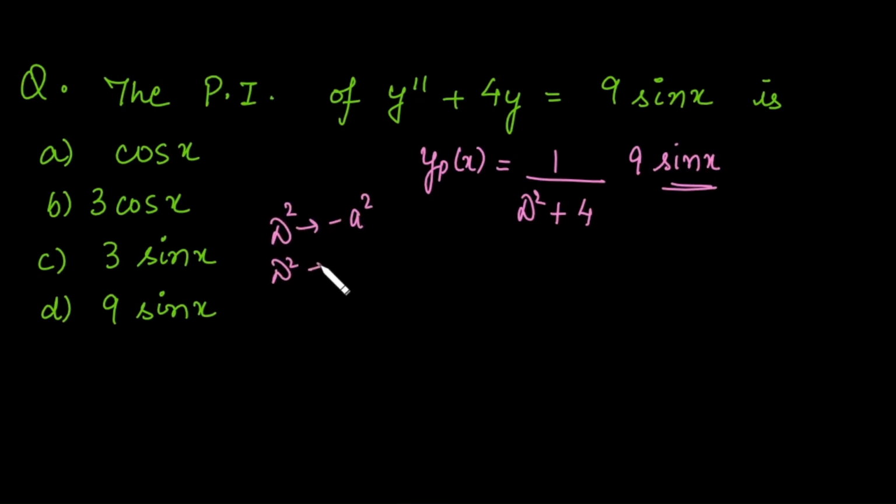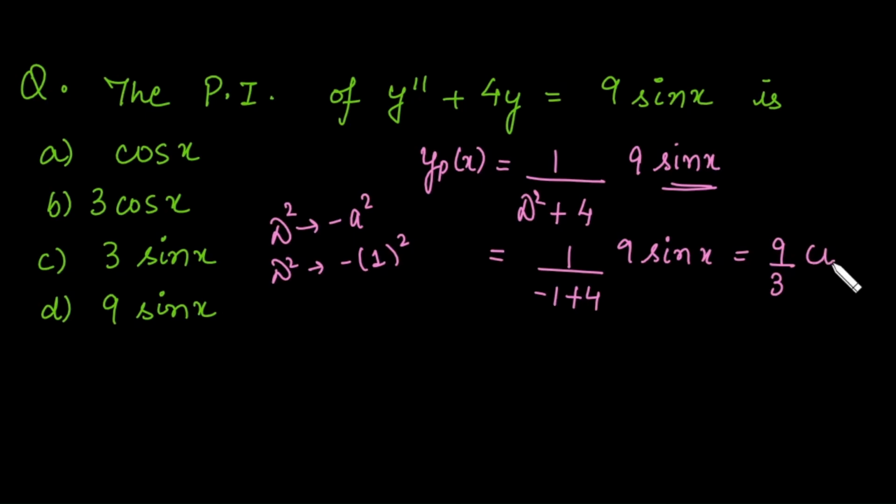So D square is replaced by minus 1 square because the coefficient of x in this case is 1. So replace D square by minus 1. So minus 1 plus 4, 9 sine x. So this is equal to 9 by 3 sine of x. 9 by 3 is 3 and the answer is option C.